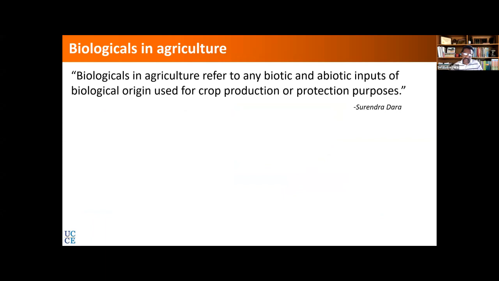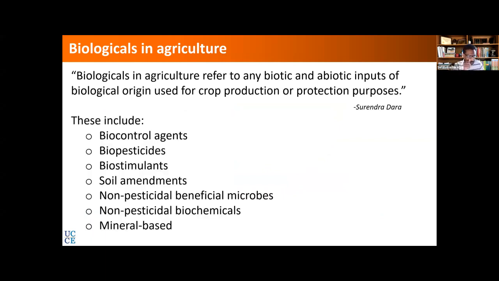These could be chemicals or toxins extracted from plants or other organisms, but they have to be of biological origin, and are used either for crop production or protection purposes. Here we have different categories: biological control agents, biopesticides, biostimulants, soil amendments, and then non-pesticidal beneficial microbes and biochemicals, which are pheromones, and then mineral-based materials.